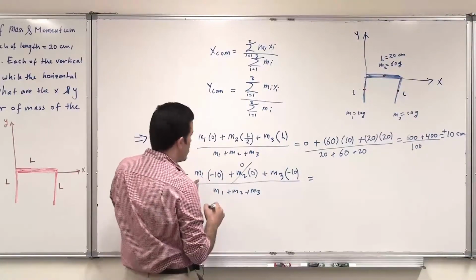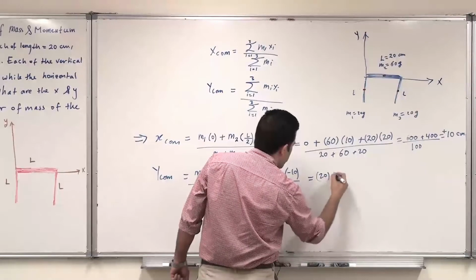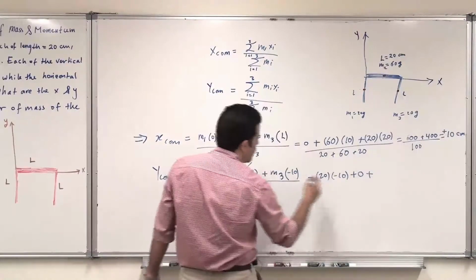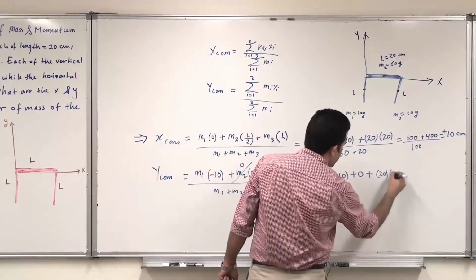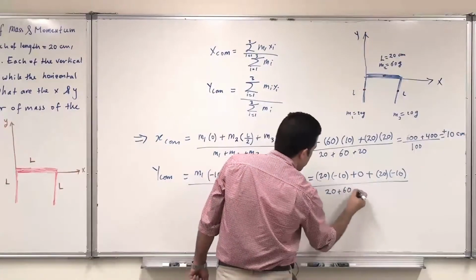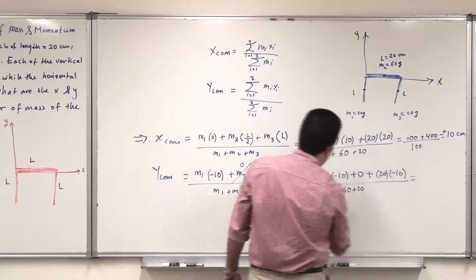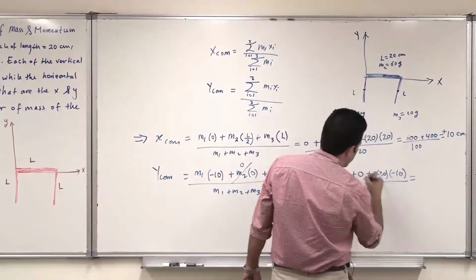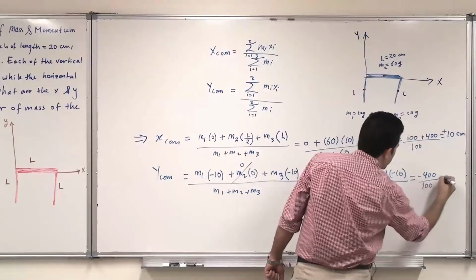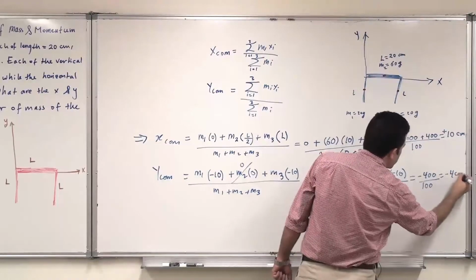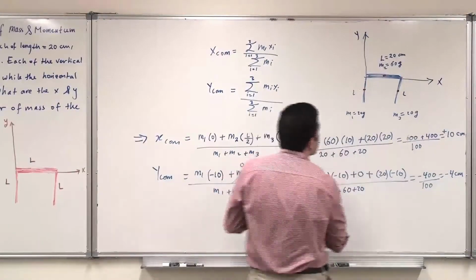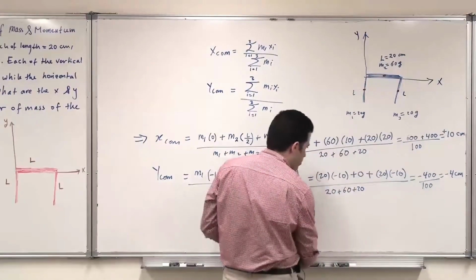And m1 is 20 times minus 10, plus 0, plus 20 times minus 10, divided by 20 plus 60 plus 20, which means minus 200 plus minus 200, so minus 400 divided by 100, which equals minus 4 centimeters. So now the center of mass for the system will be located, let me make it here, in a simple drawing.